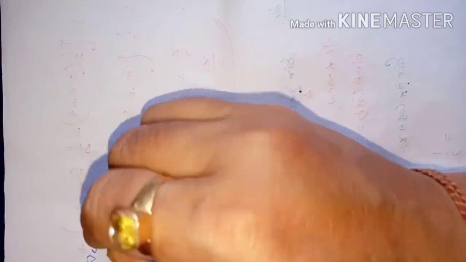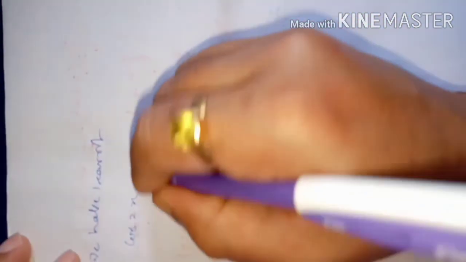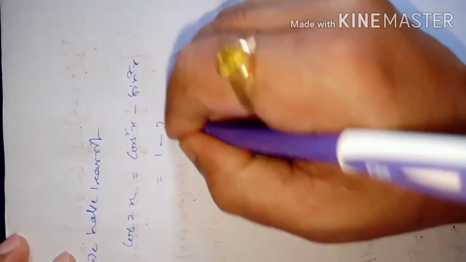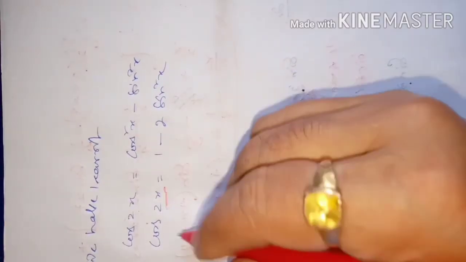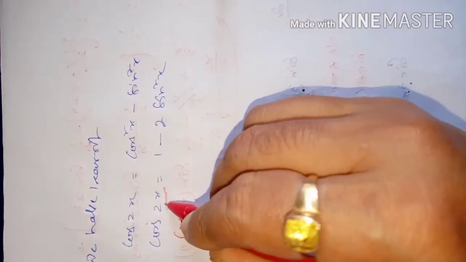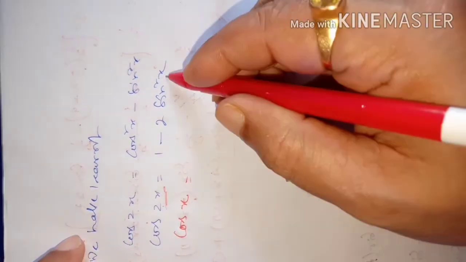We have learned previously that cos twice x equals cos square x minus sin square x, or it can also be written as 1 minus 2 sin square x. Now if I write twice x as x, that means I am taking half of it, so the angle also becomes half.